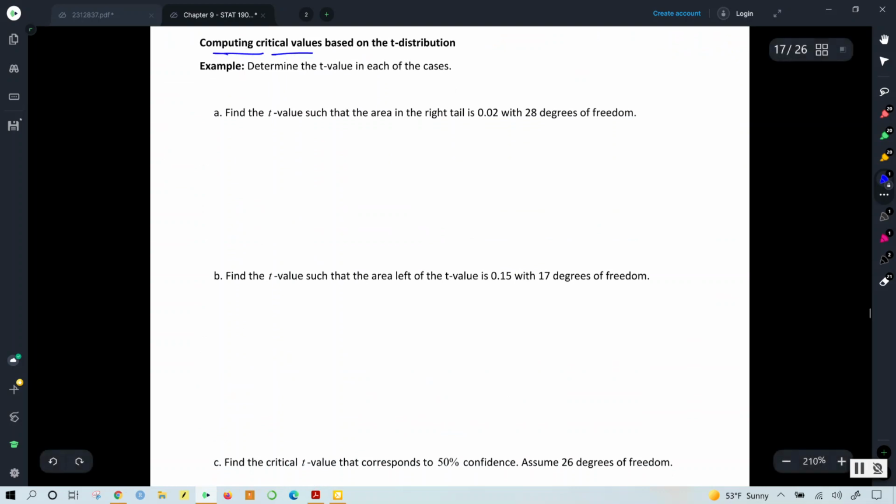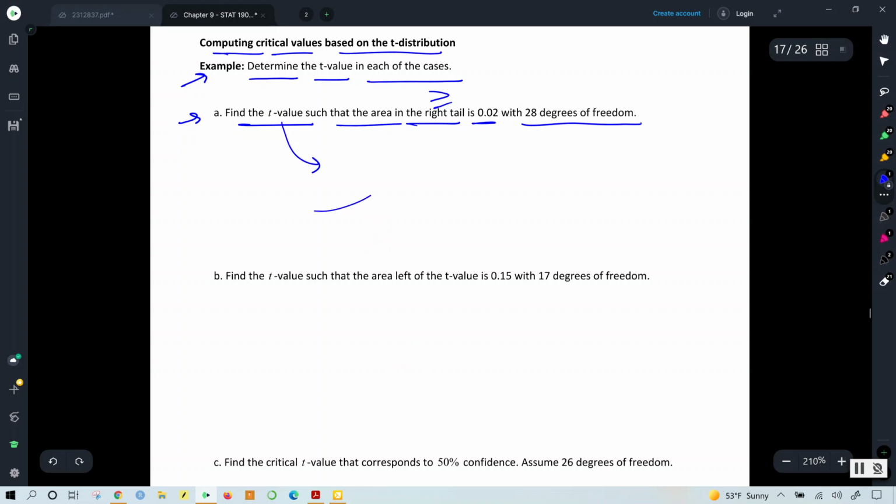We would like to compute critical values based on the T distribution. This example requires us to determine the T value in each of the cases. Question A, we have to find the T value such that the area in the right tail is 0.02 with 28 degrees of freedom.